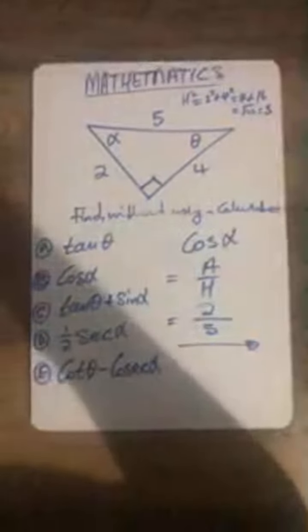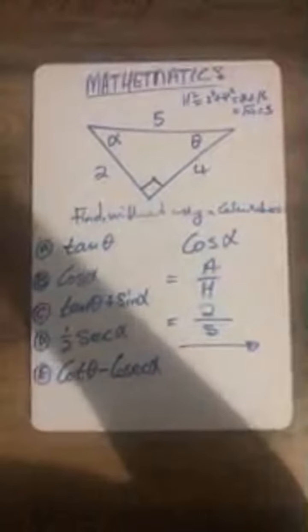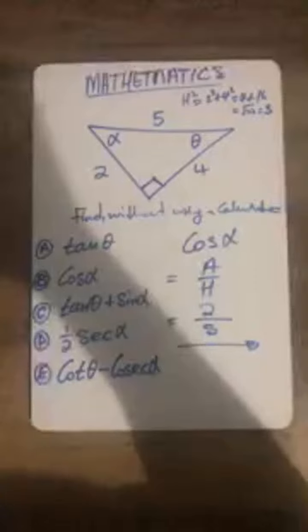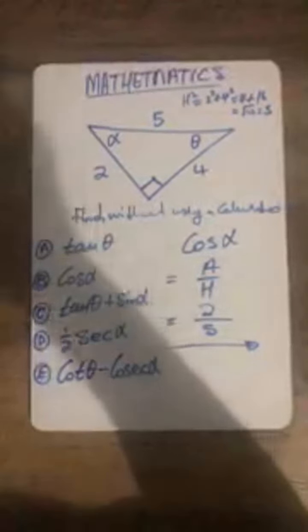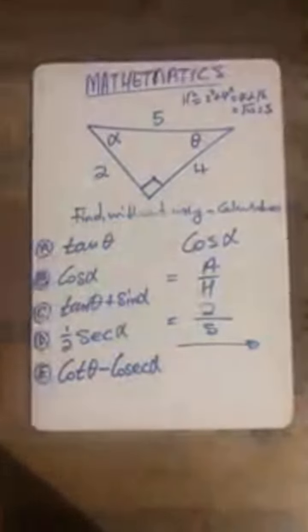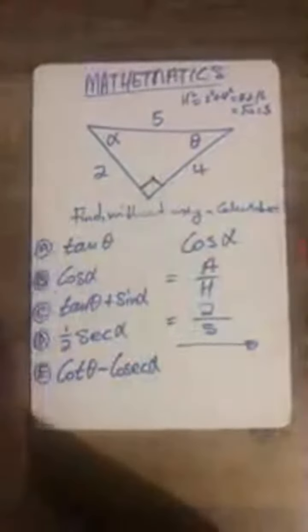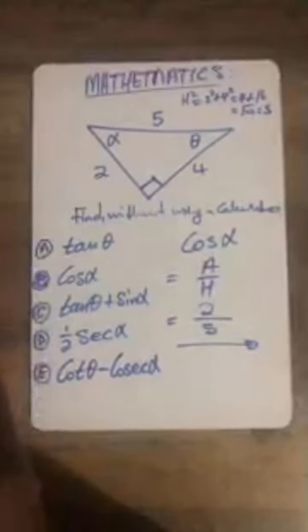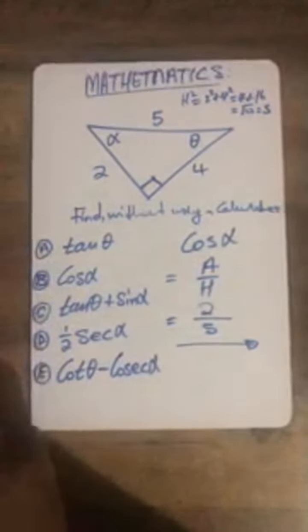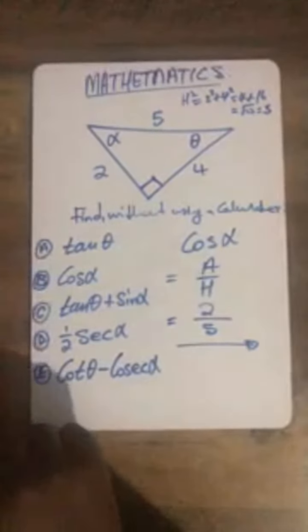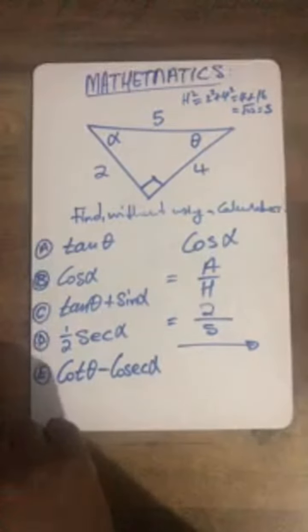Let's see what you guys got as b. Wait. Where is the square root of 5 coming from now? Let's see. 2 squared plus 4 squared is it?